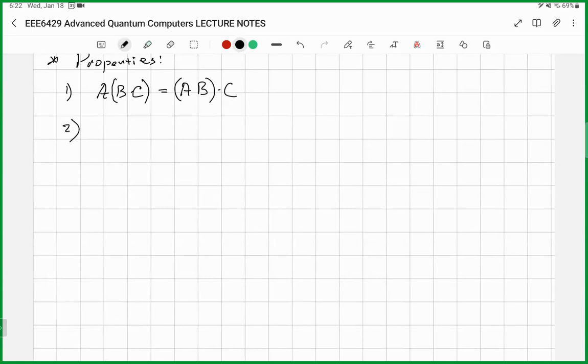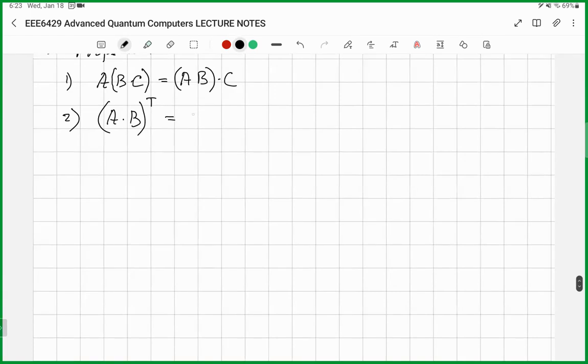And this is the first one. And the second property is about basically the transposition. So if you have a product of matrix A times matrix B, and you make the transposition, it's actually equal to B transpose times A transpose. So you see that you write the matrices in the reverse order, A times B, now it's B times A, and the transpose of the corresponding matrices.